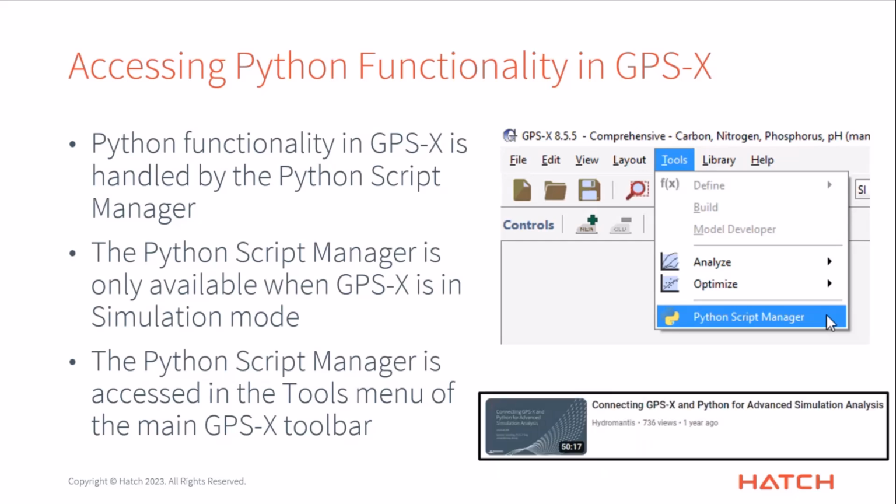I'm not going to go into all the details about the Python Script Manager, but we have done several webinars in the past that focus specifically on Python and GPSX. I'd highly recommend you check out our Connecting GPSX and Python for Advanced Simulation Analysis webinar if you want more insight and a more detailed look at how Python is used in GPSX.